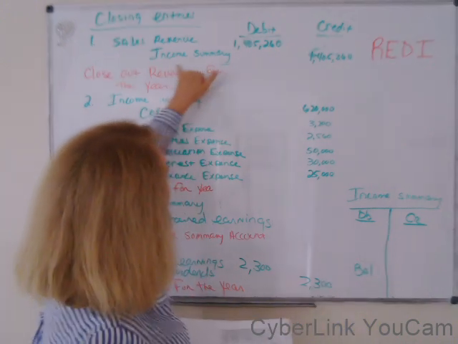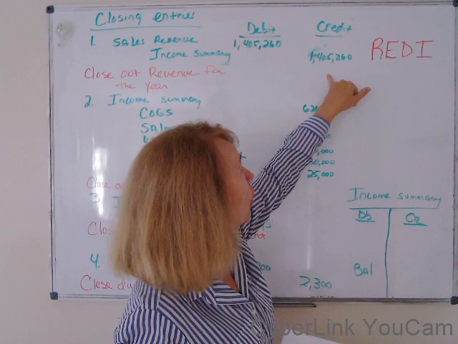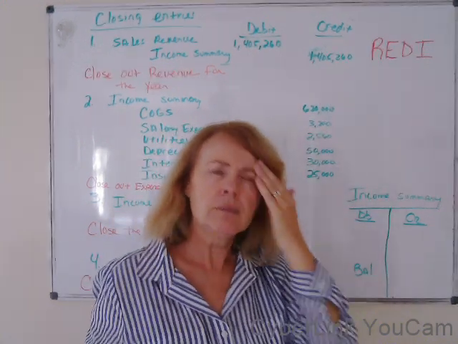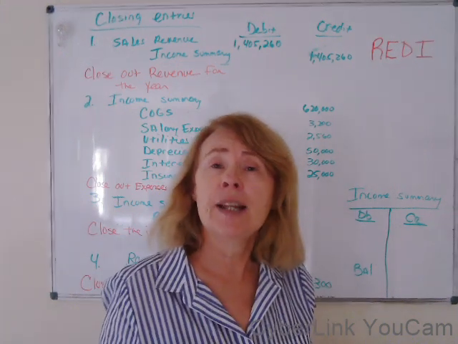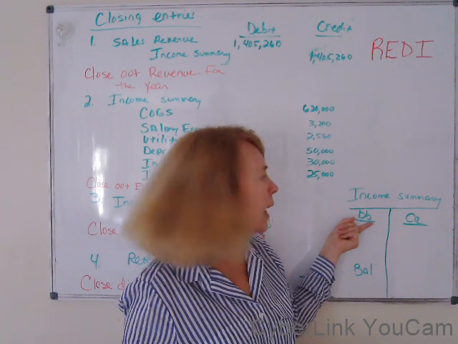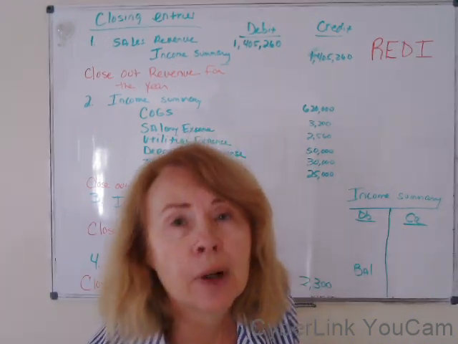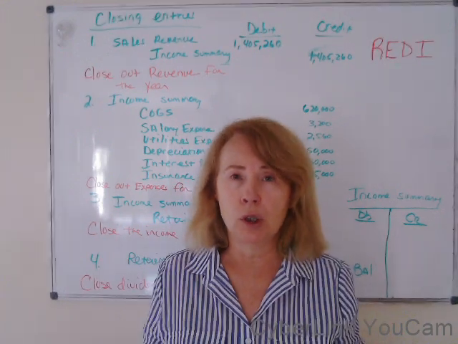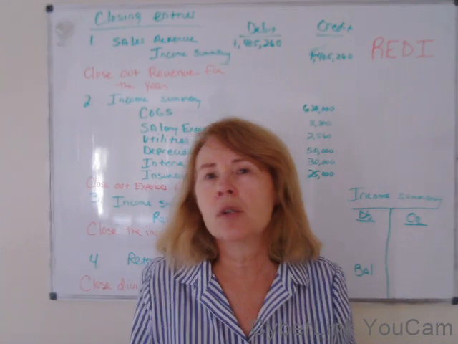$1,405,260. Your credit will be to income summary, $1,405,260. On the bottom of your paper, I want you to do a T account for income summary. Everybody knows the left is always the debit, the right is always the credit. Income summary is only used when you close. So when I teach in class, students will say, Professor Clay, what's the normal balance?